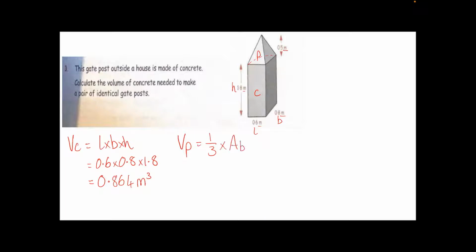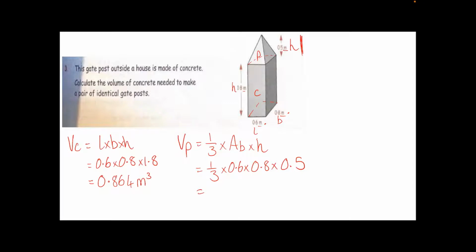So I'm going to say AB for area of the base, and then times the height of your pyramid. Because our pyramid is joined onto this cuboid so perfectly, we should know that it is a rectangle at the bottom. So my rectangle is just length times breadth. So 0.6 times 0.8, but I still have my height to multiply by as well.